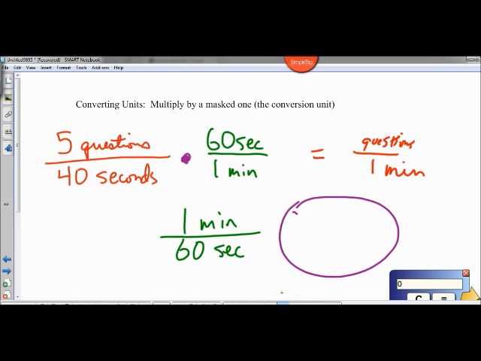the seconds in the denominator here, since I'm multiplying, can cancel out with the seconds label in the numerator there. And so the top of the fraction in the numerator is 5 questions times 60, which would be 300 questions. The bottom is 40 times 1 minute, which would be 40 minutes.